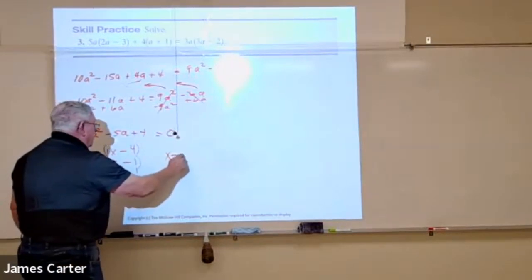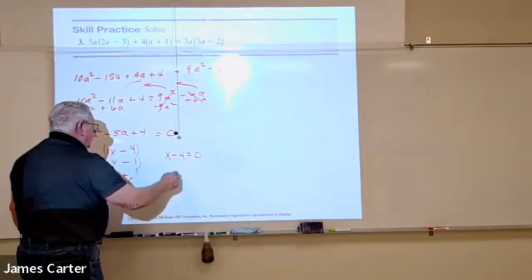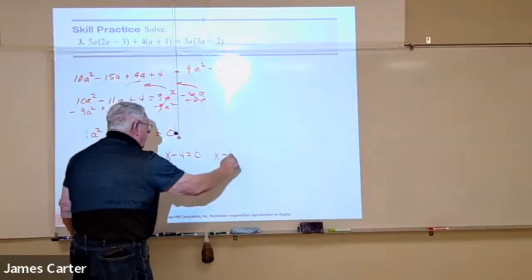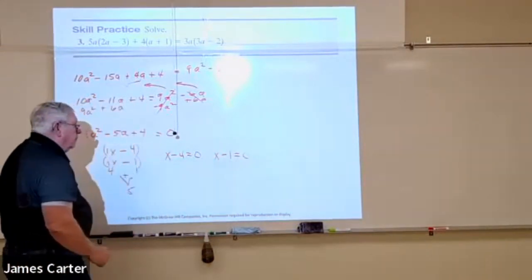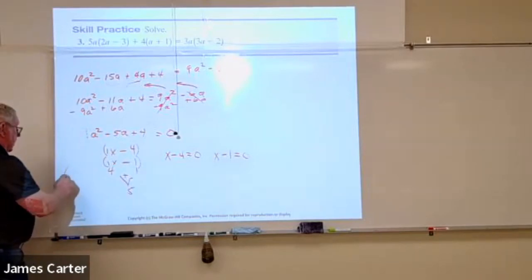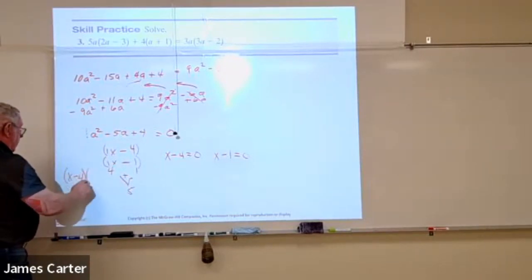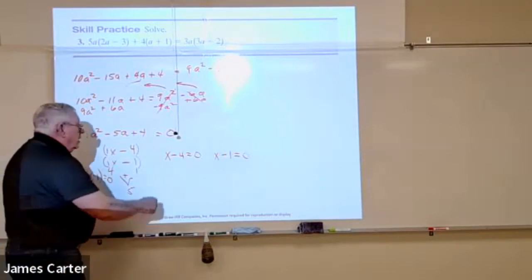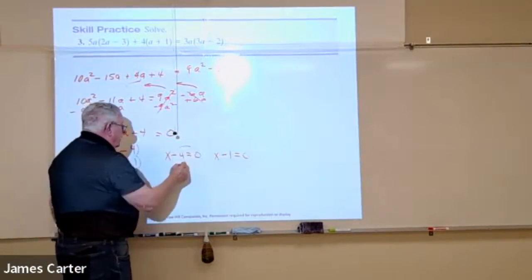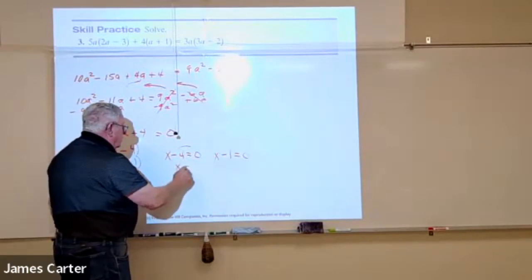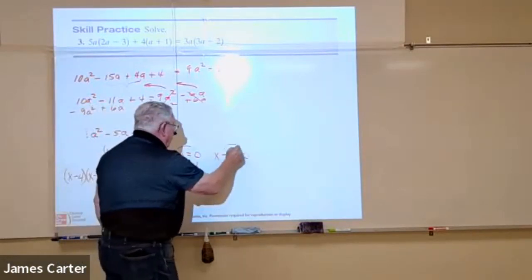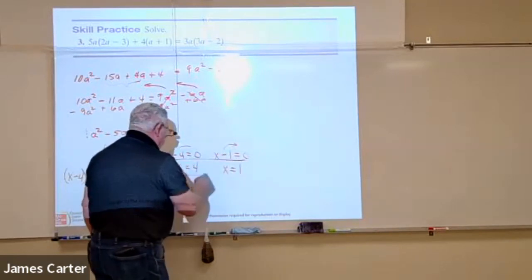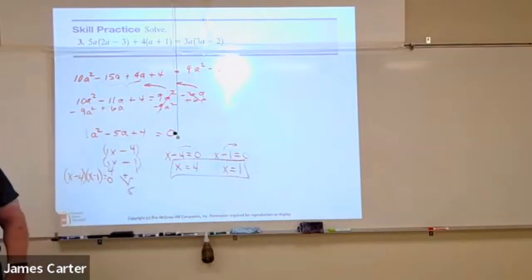So x minus 4 equals 0, and x minus 1 equals 0. I guess I should have written this out. X minus 4, x minus 1 equals 0. So I've got this. Take that over to the other side. X equals 4. Take that over to the other side. X equals 1. Done.